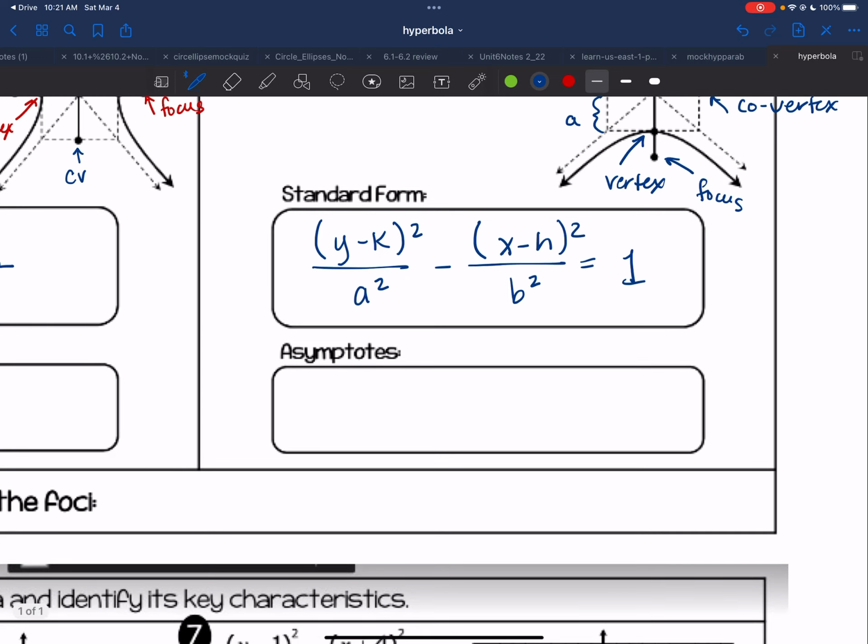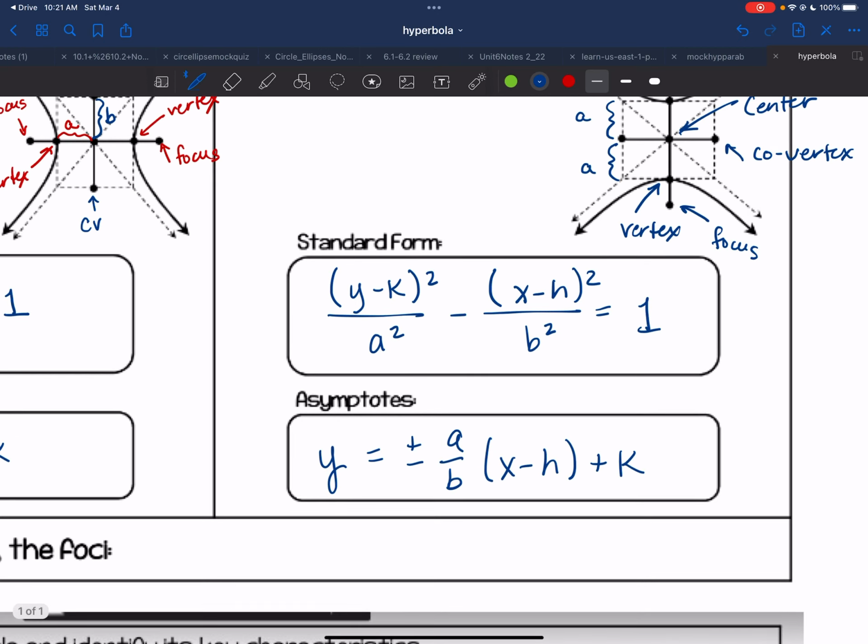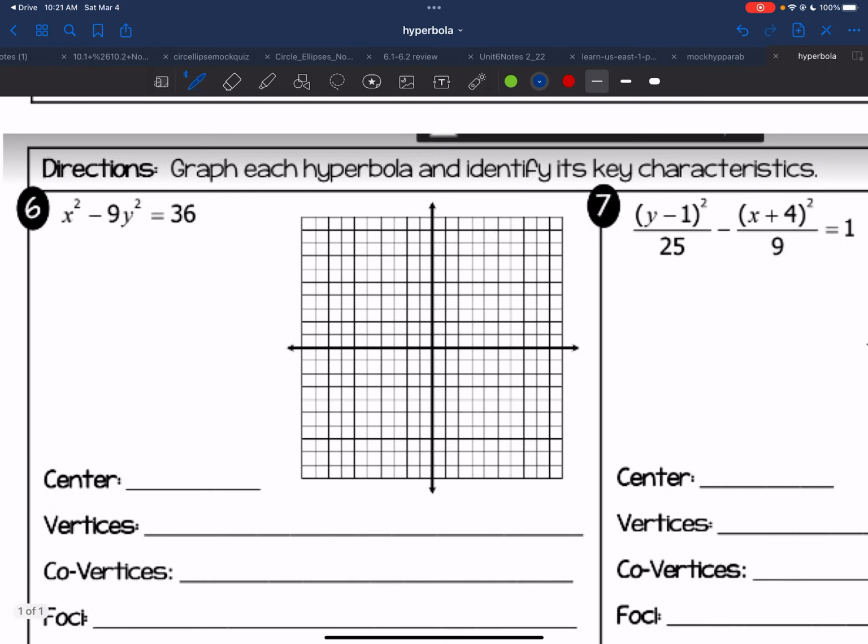And then as far as my asymptotes are concerned, that's going to be plus or minus A over B, x minus h plus k. So the last part of it stays the same. My slope changes because of the nature of where things are. Okay, so that should be all of our formulas.